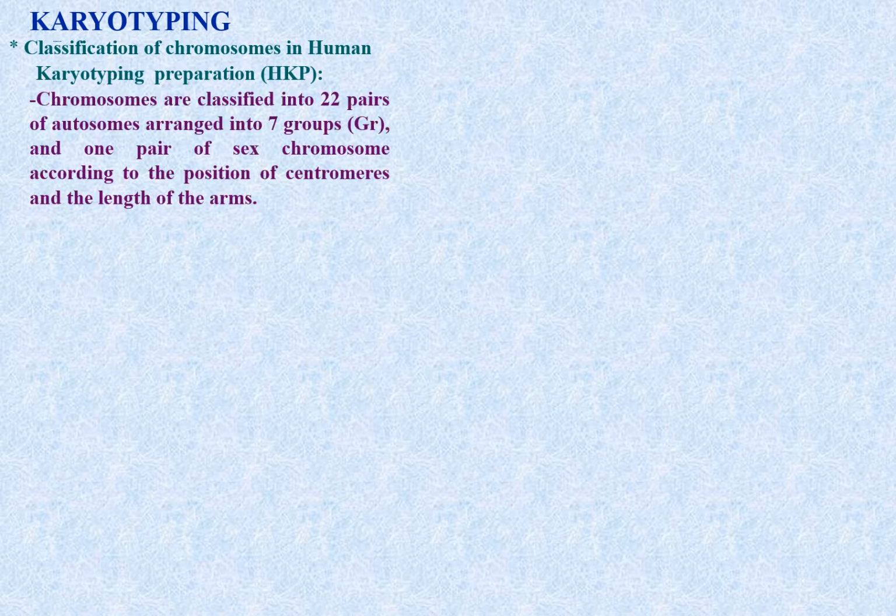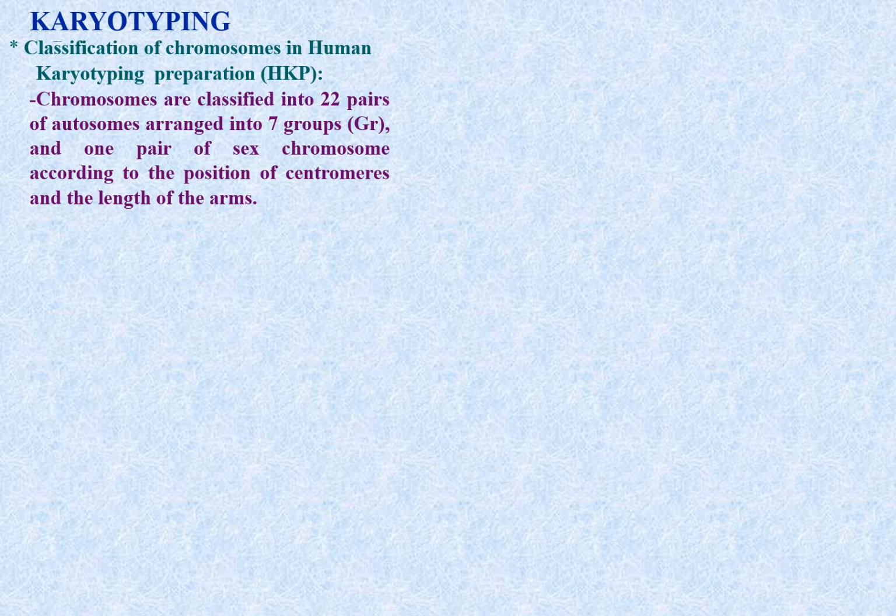Classification of chromosomes in human karyotype preparations. Chromosomes are classified into 22 pairs of autosomes, arranged in 7 groups, and 1 pair of sex chromosomes, according to the position of centromeres and the length of the arms.